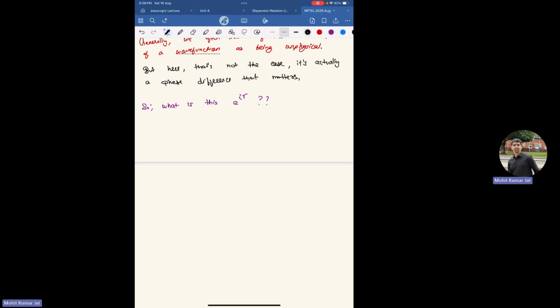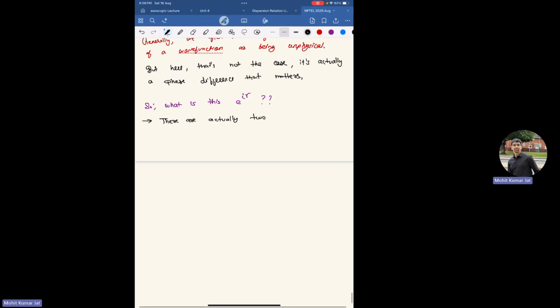The answer is that there are actually two contributions to gamma. The first is simply the dynamical phase.